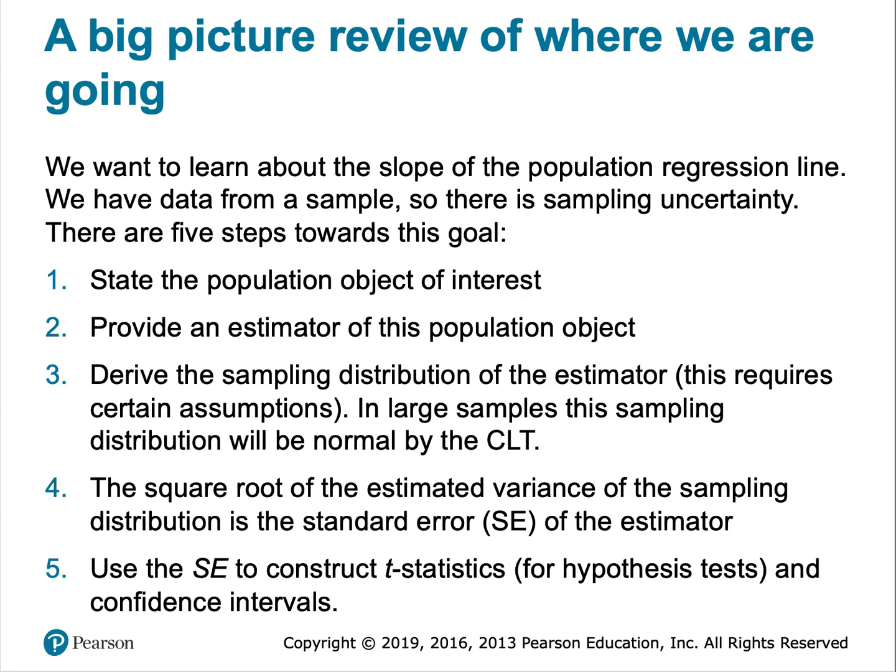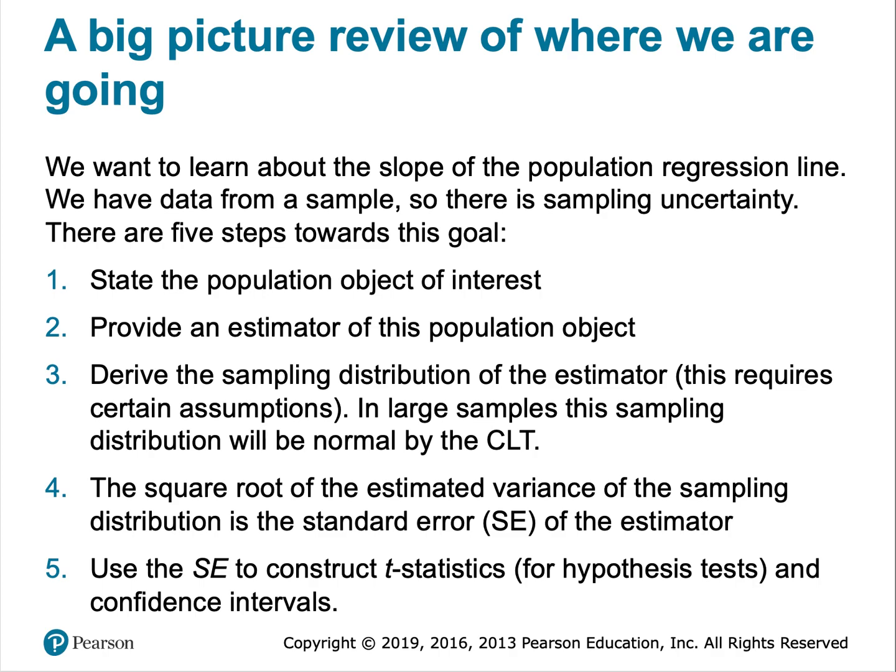We will provide an estimator of this population object, which will be the OLS estimator beta 1 hat. We're going to derive the sampling distribution of the estimator, and this requires certain assumptions, like our least squares assumptions for causal inference. In large samples, this sampling distribution will be normal by the central limit theorem. We have shown this in Chapter 4.